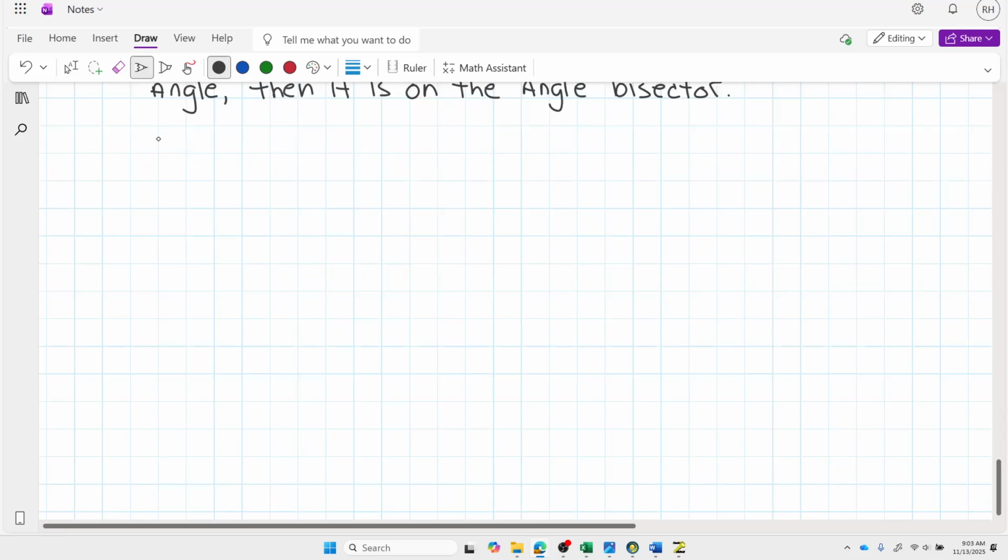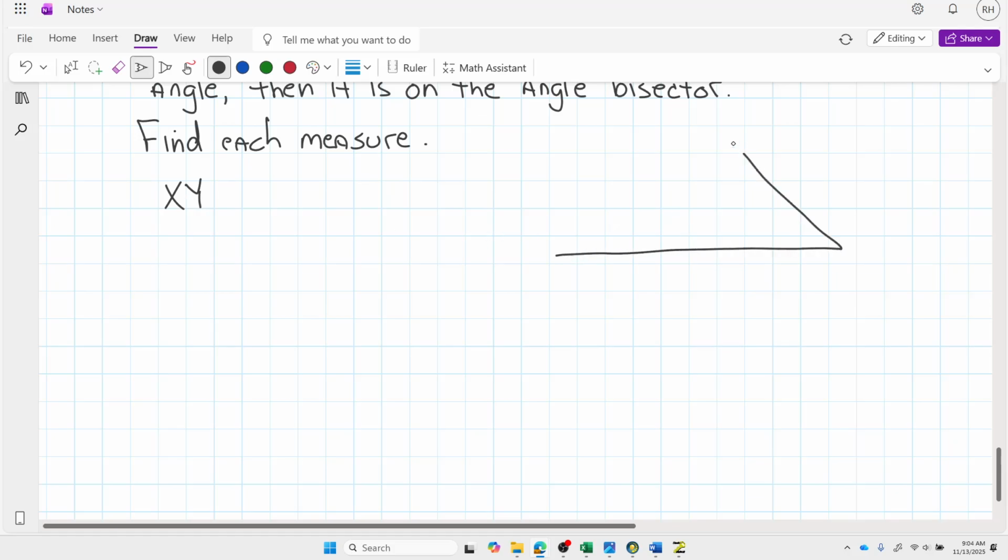So you're looking for XY, and you've got this picture.